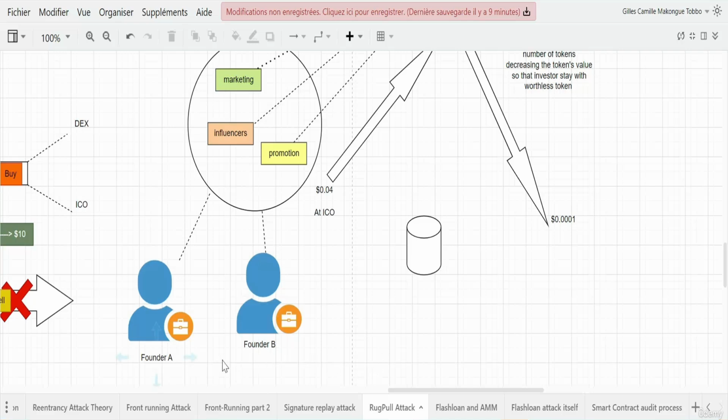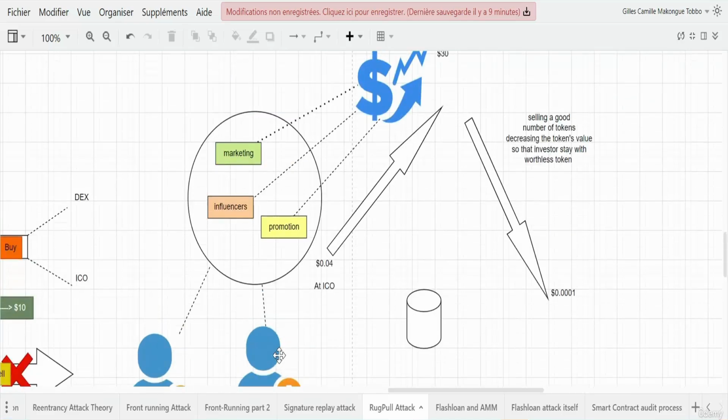You have founder A and founder B. They are supposed to launch a project based on cryptocurrency, and they are going to open an ICO, what we call an initial coin offering, so people can come and buy their project. They are going to give them their cryptocurrency, and those investors are going to wait until the price goes up to make some profit. This is how it works.